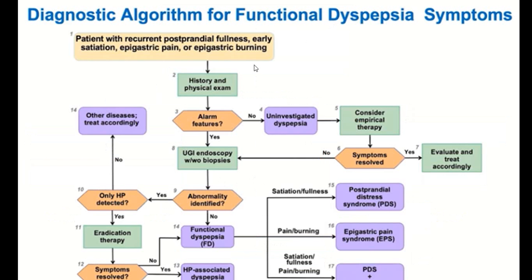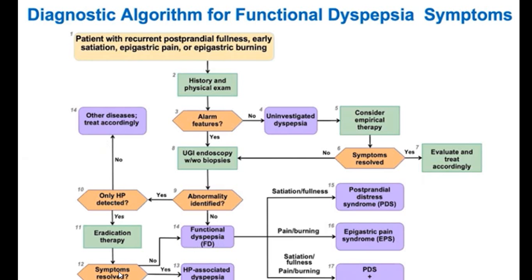For functional dyspepsia, same thing as mentioned: history, physical examination, alarming symptoms. If it is uninvestigated, go for investigations. If there are other diseases, then first try to rule out H. pylori infection and eradicate by therapy. If symptoms resolve, it is in favor of functional dyspepsia.